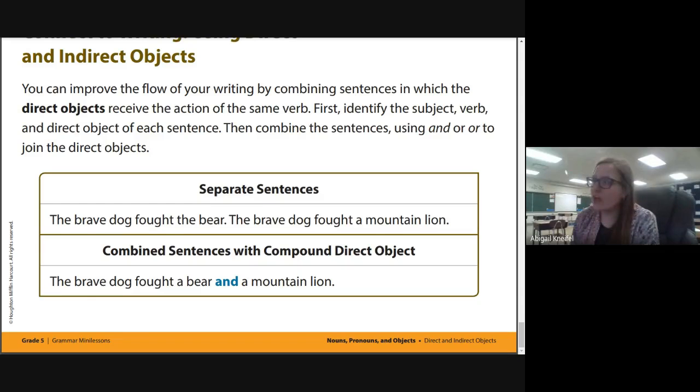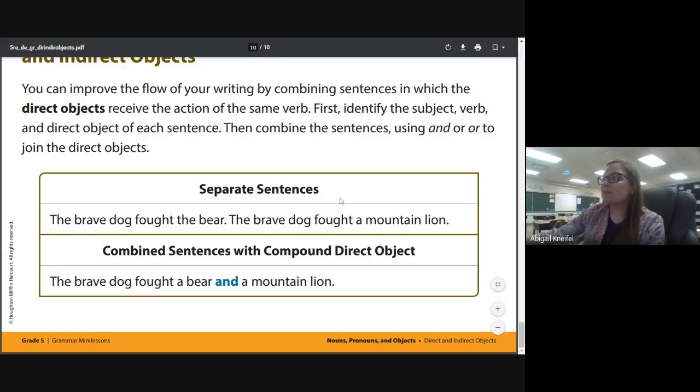That's super choppy, but you can combine it with a compound direct object by saying the brave dog fought a bear and a lion. What did he do? He fought. Action verb is fought. Compound direct objects are bear and mountain lion. So that's something we're going to continue to work on when we're writing. We should combine sentences, actually, is what we should do.